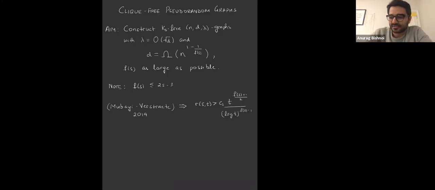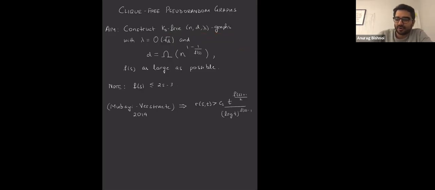We want to construct clique-free graphs, so K_s-free, where s is a constant, which are (n, d, lambda) graphs. These are d-regular graphs on n vertices such that the second largest eigenvalue in absolute terms is at most lambda. So |lambda_i| is at most lambda for all i greater than 1, assuming lambda_1 is the maximum eigenvalue, which is d.